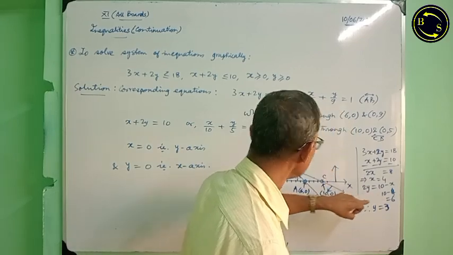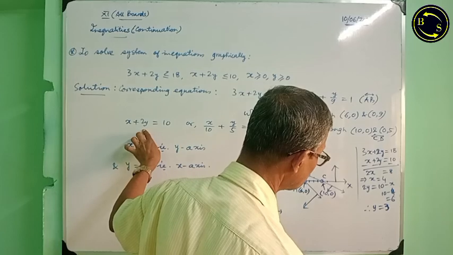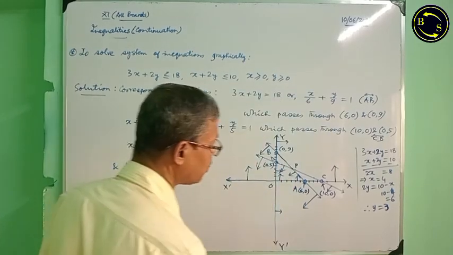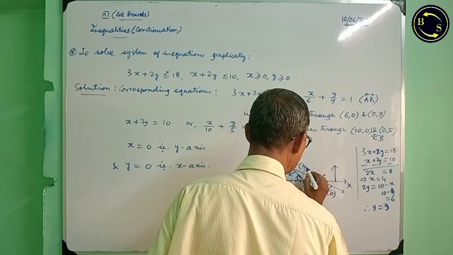Then putting the value, 2y is equal to 10 minus 4, that is equal to 6, therefore y equal to 3. Therefore, the coordinates of P are 4, 3.